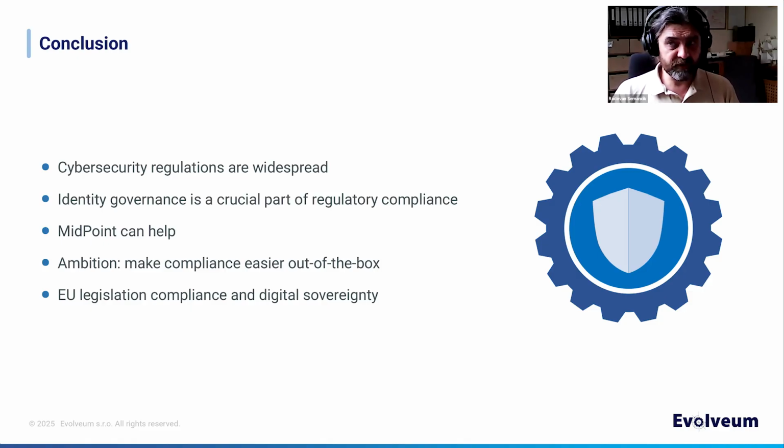Therefore, if you want to apply cybersecurity regulations at scale, you need to automate. You need to automate the parts of compliance that can be automated. And identity management and identity governance is a very good spot for automation, because an identity governance system has quite a lot of information about users, and users are the prime focus of many of the regulations.